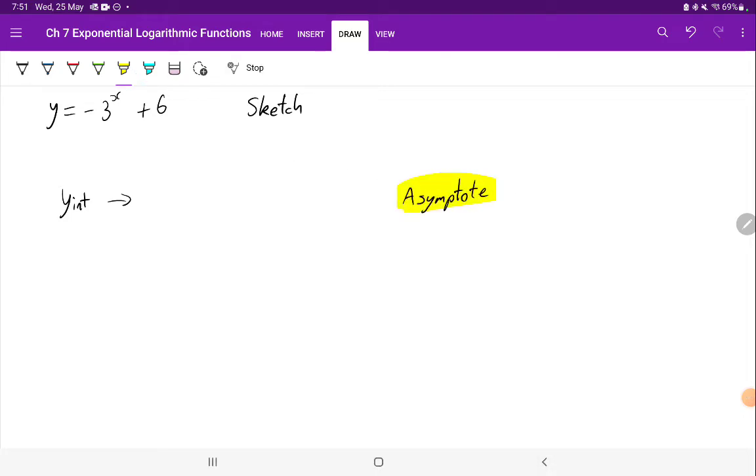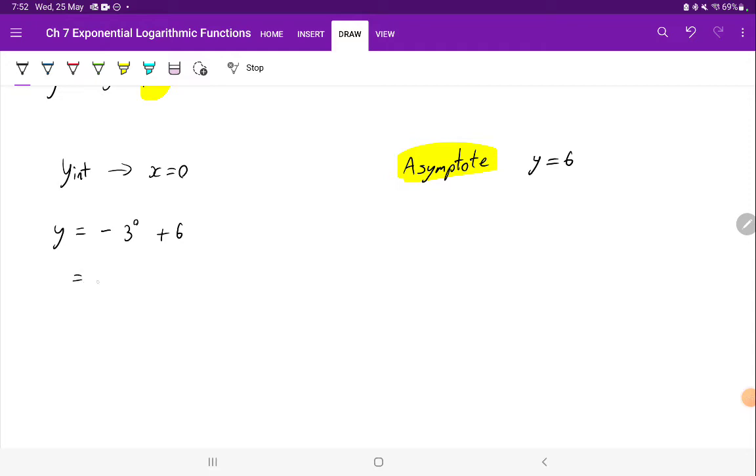So in this case, it is going to be y equals 6. And the y-intercept for this function is going to be when x equals 0. So we get y is equal to negative 3 to the 0 plus 6. Now, just as a reminder, order of operations means that this happens before the minus, which means we get minus 1 plus 6, which is 5.